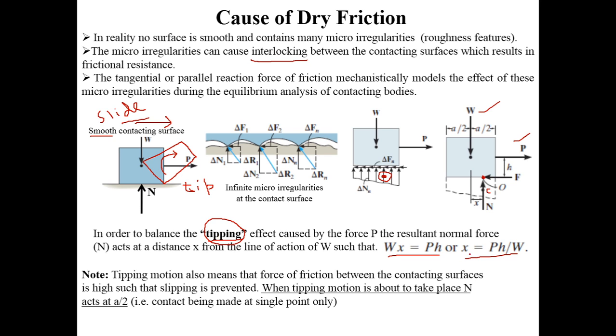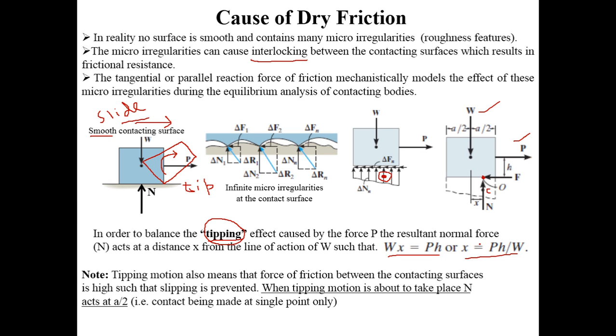So if X comes out to be equal to A by 2 or some value greater than A by 2, you say that the applied force will cause tipping of the object. And if this value of X comes out to be less than A by 2, we say that the applied force cannot cause tipping, but it can only cause sliding.